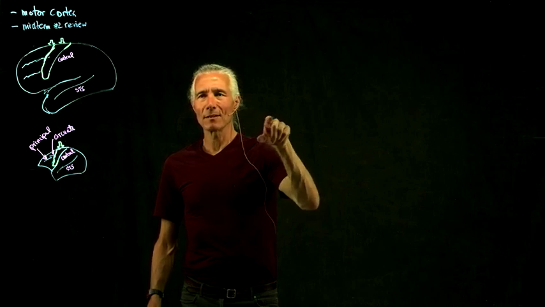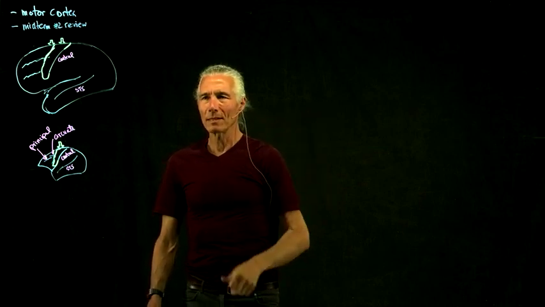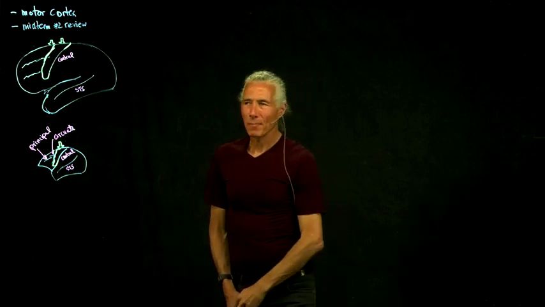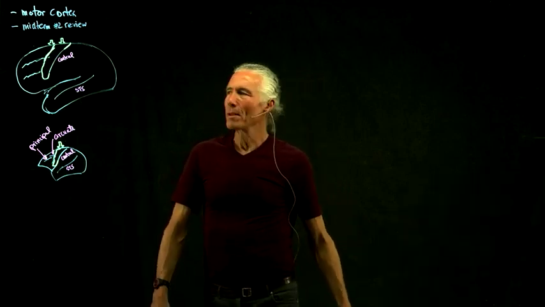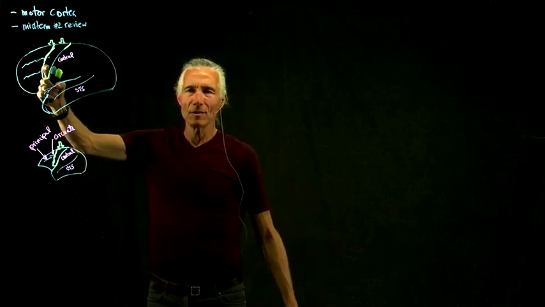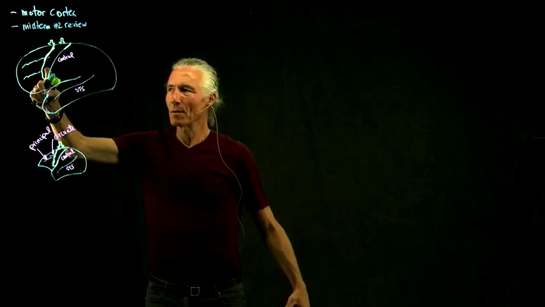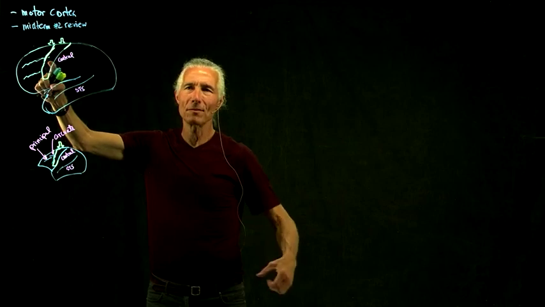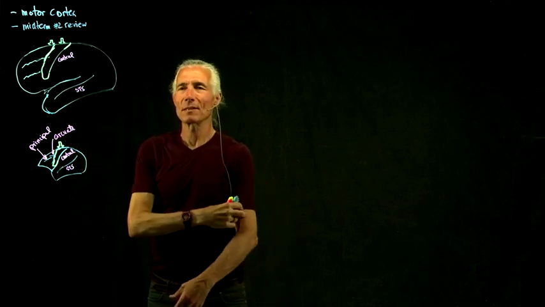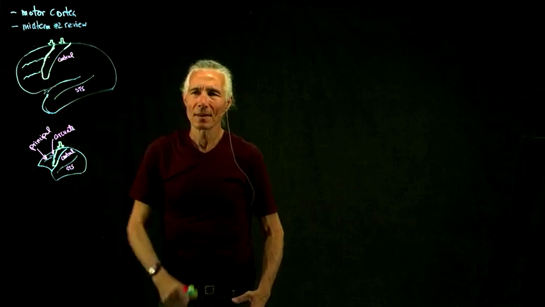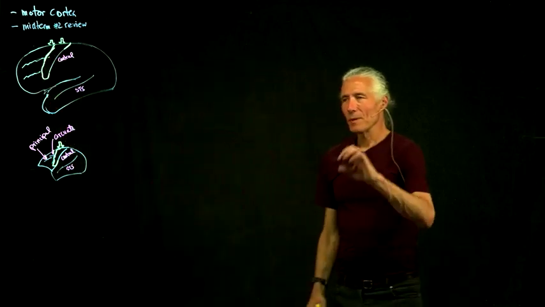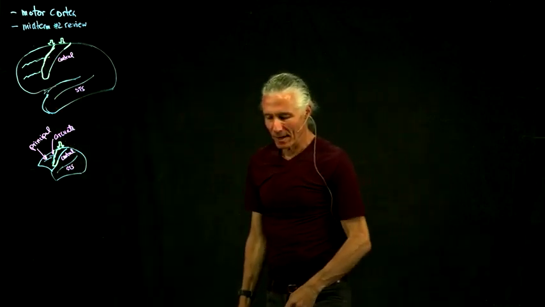Or does it just have a map of muscles? Maybe there are individual muscles, like there's a part for the biceps and a part for the triceps, or those muscles have several subparts. Is it basically a representation of individual muscles?